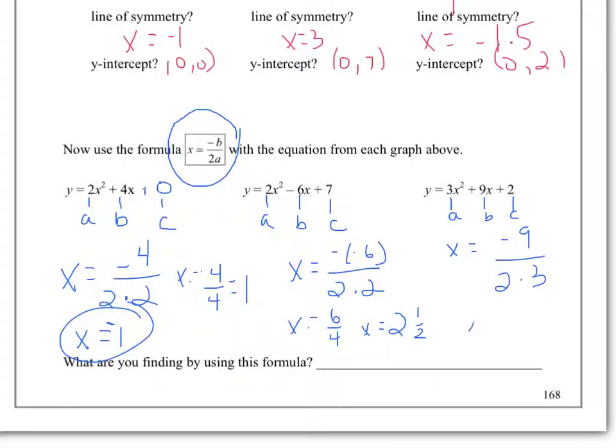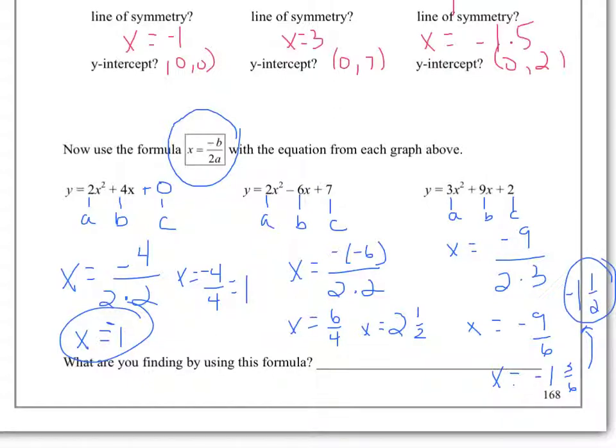Here we have x equals negative 9 over 6. 6 goes into 9 one time, so negative 1, and 3 left over out of 6. I can simplify that to negative 1 and 1/2.